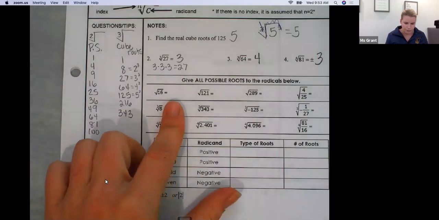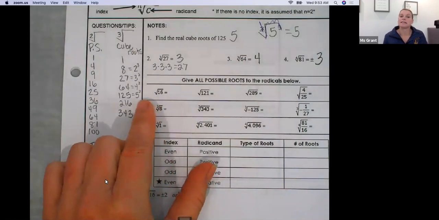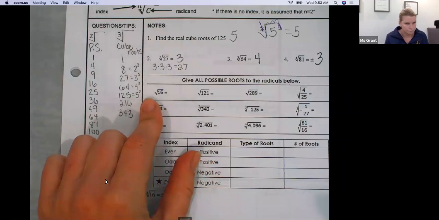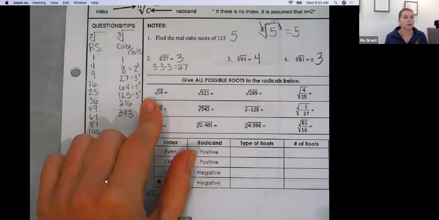All possible roots for the radicals below. So square root of 16 means that I could have a couple choices. I do have a couple choices. So what am I going to put?